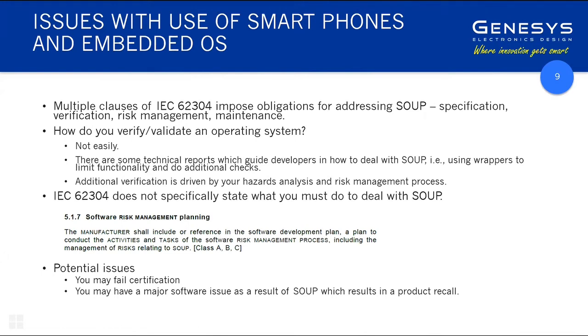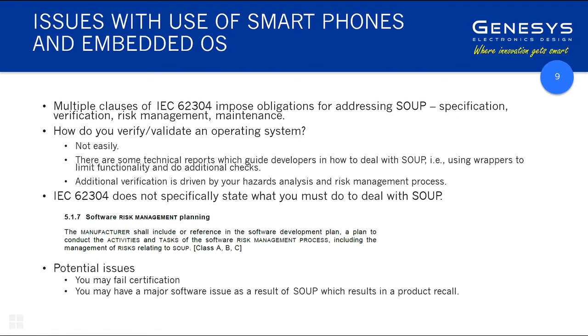There are multiple clauses of IEC 62304 which impose obligations for addressing SOUP: specification, verification, risk management, and maintenance. So how do you verify or validate an operating system? Well, the answer is: not easily. There are some technical reports which guide developers on how to deal with SOUP.